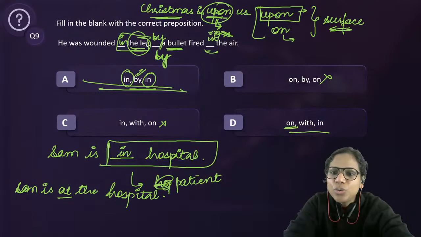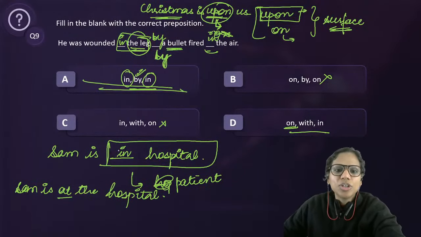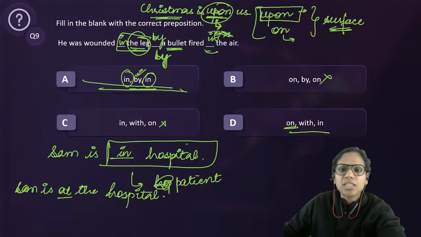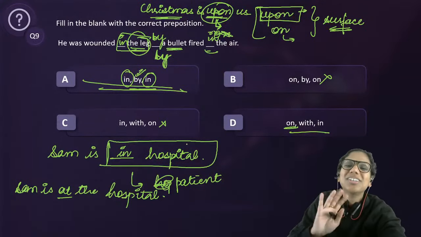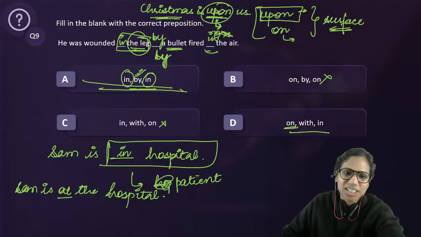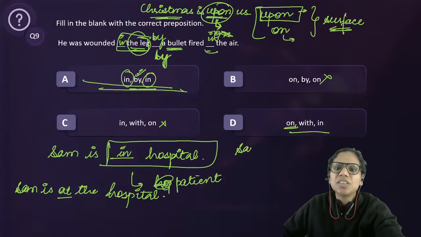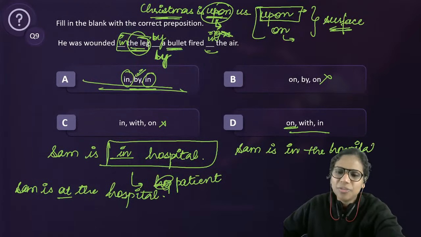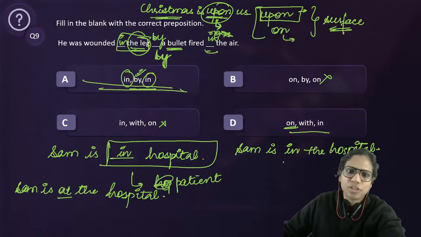So, when you are talking, Savni, when you are talking about this person as a patient, see, because the original question that was given to me did not use the, so I explained it accordingly. When you are talking about that person as a patient, then you will not use the. Okay. If let's say Sam is in the hospital, you want to indicate that currently this person is in this area called the hospital. You can use Sam is in the hospital also. It's not incorrect.